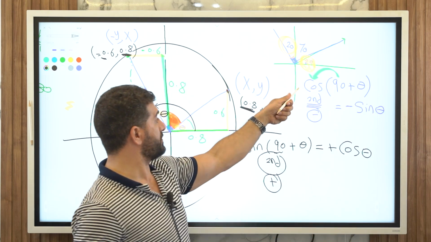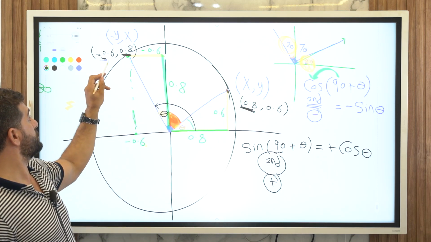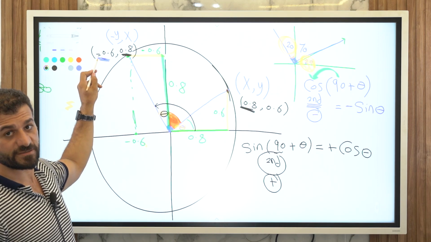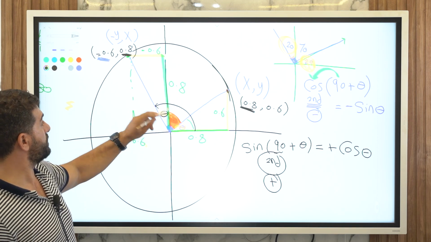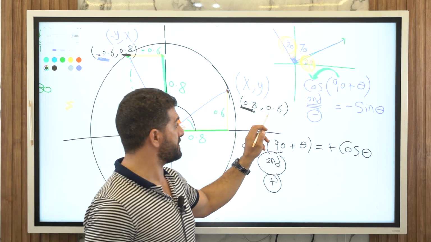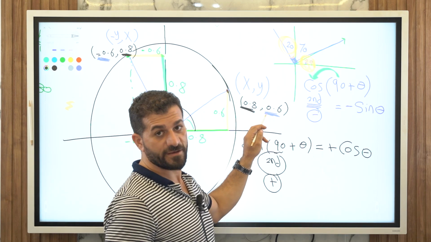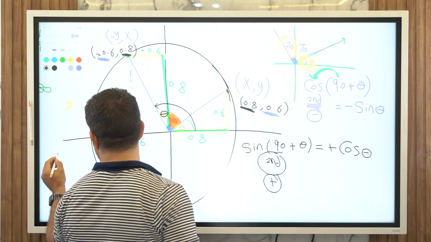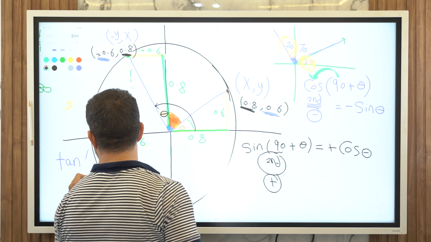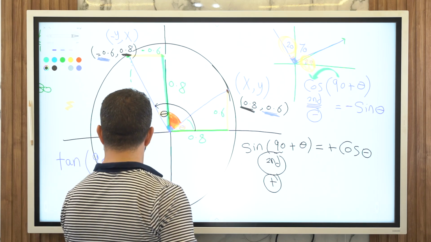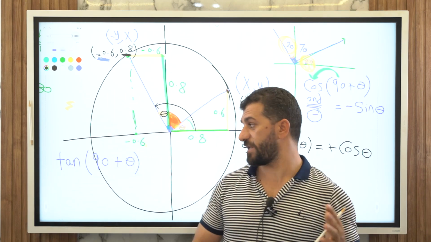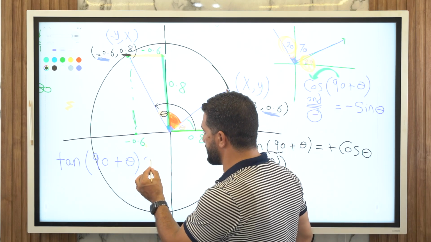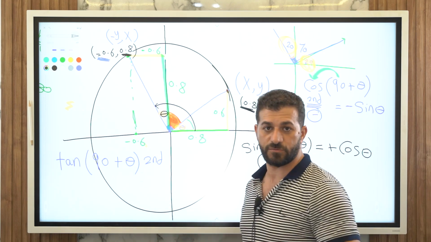So here, cosine 90 plus theta is 0.6. This cosine 90 plus theta is equal to negative sine theta. This is sine theta, 0.6. Okay? What about tan 90 plus theta? We are talking about an angle in the second quadrant.